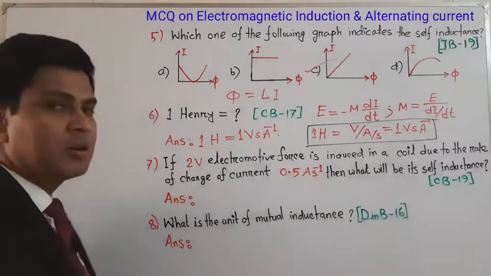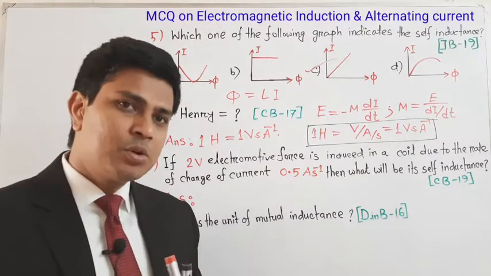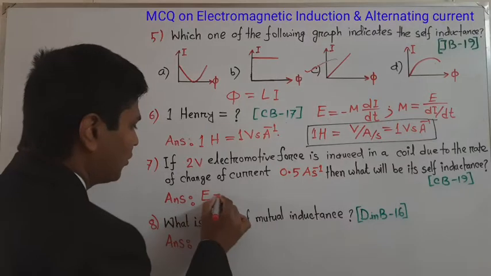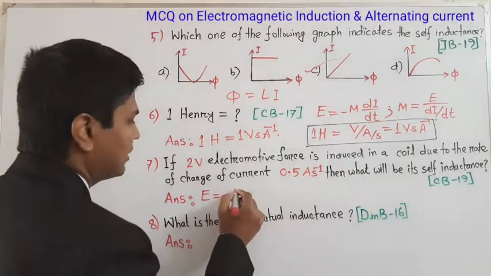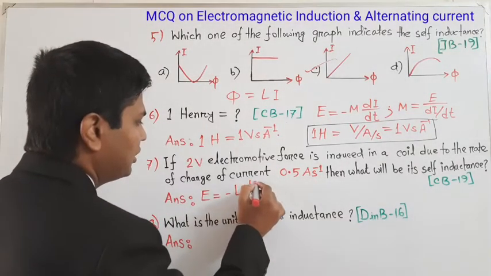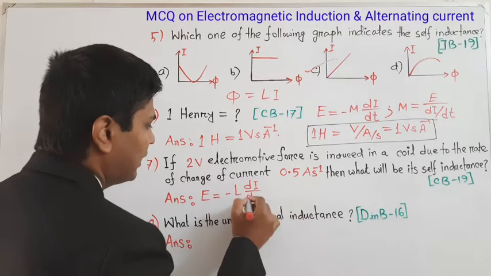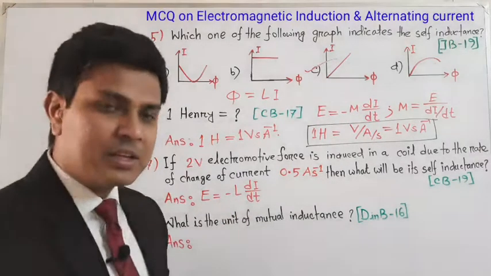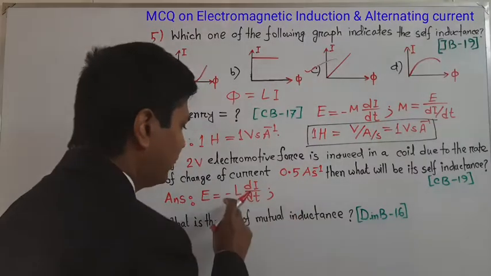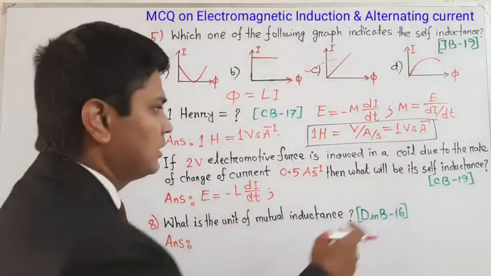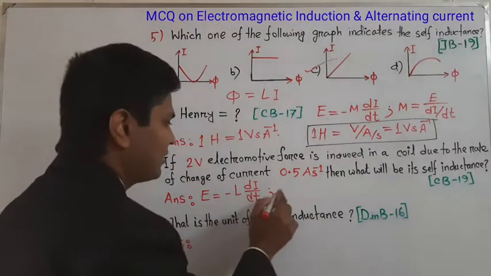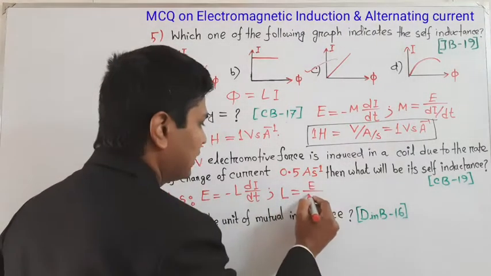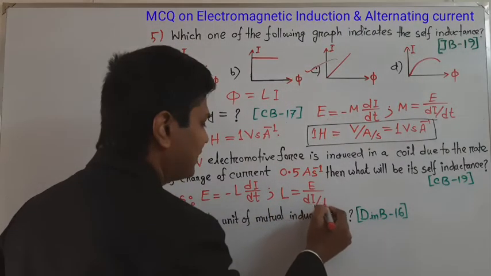You know the relation between electromotive force and self-inductance is E equals minus L into di divided by dt. Now, if you want to calculate the self-inductance, that is L, then you can write L equals E divided by di divided by dt.